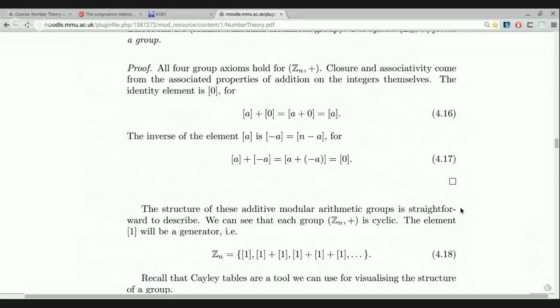So really the question is, is there an integer A such that 2 times A is congruent to 1 modulo 10? If there is, then this A represents the inverse of the congruence class of 2.